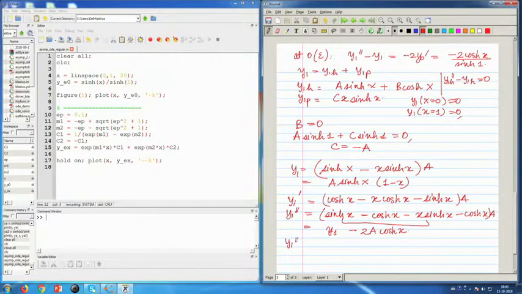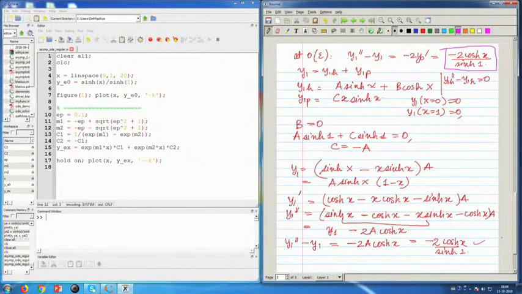Thus, y1 double prime minus y1 is equal to minus 2A cosh x, which is also equal to minus 2 cosh x by sinh 1 according to this particular equation.